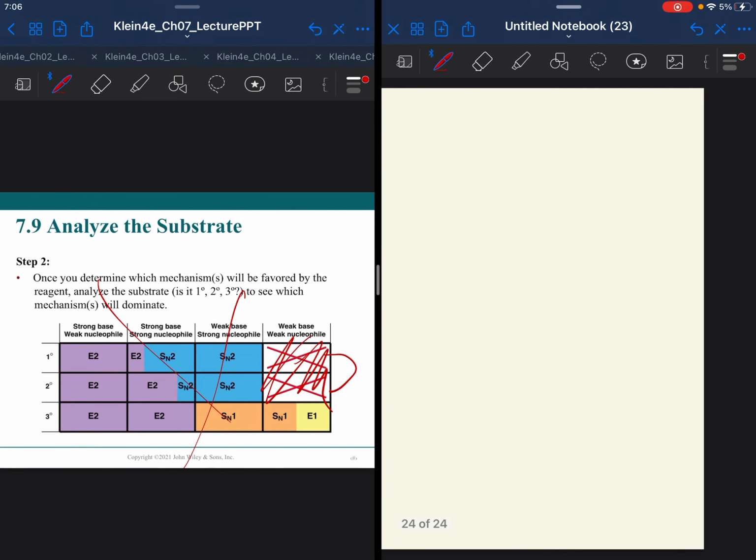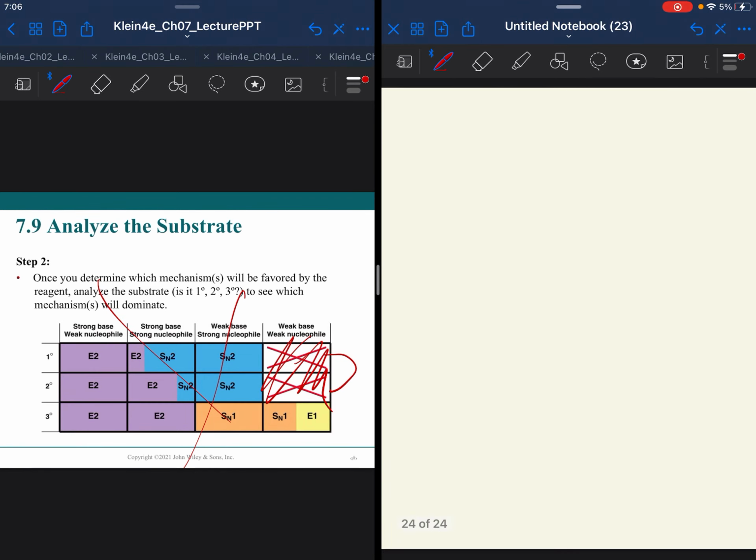Before we move on, let's look at an example. So let's use sodium bromide as our strong nucleophile, but a weak base. And let's take a really simple chlorobutane.